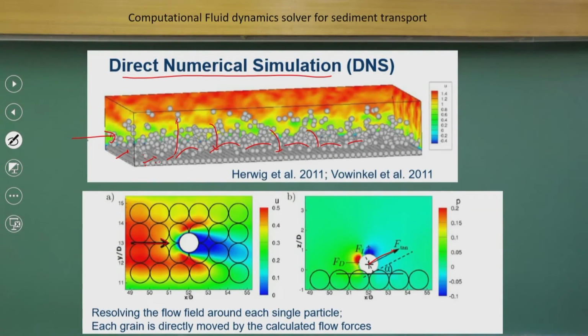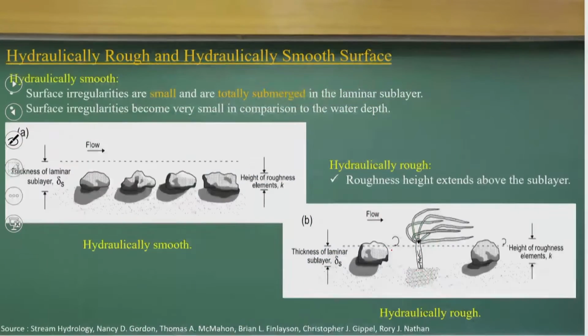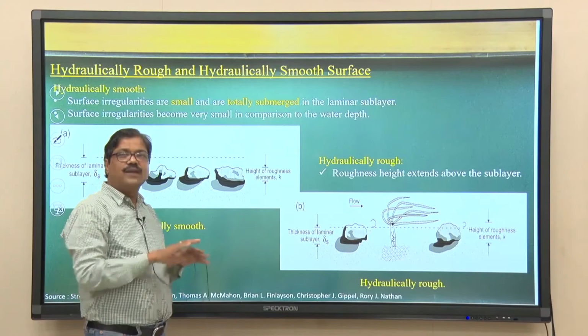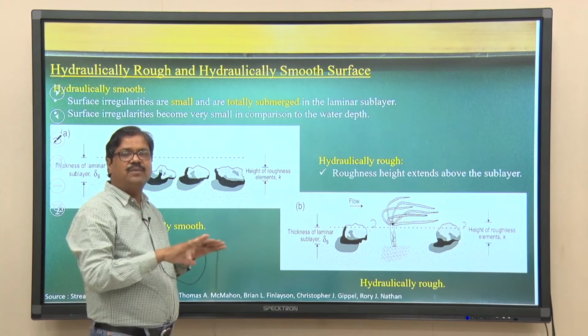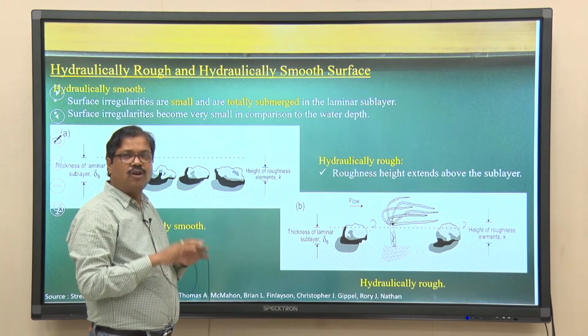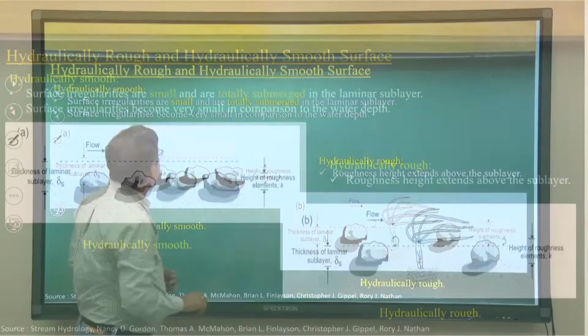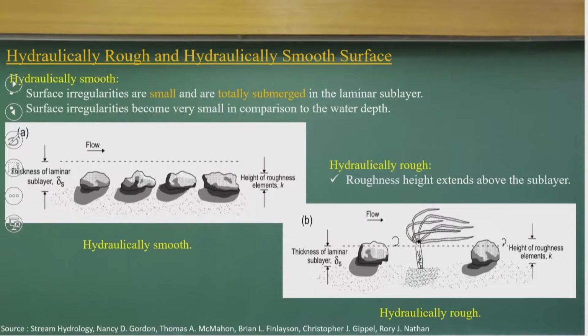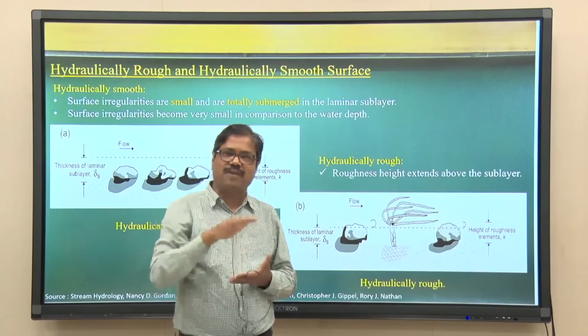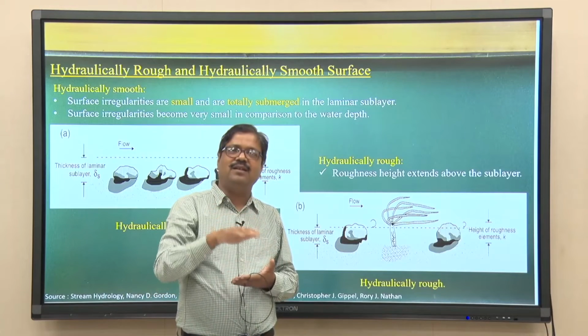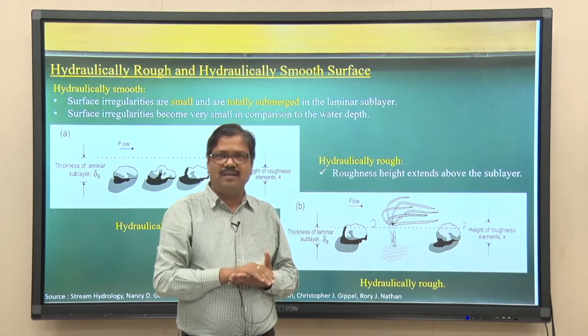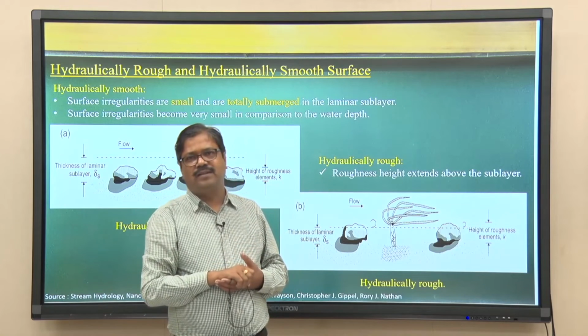Looking at that, the first part is what type of near-bed boundary conditions we have. We talk about the hydraulically smooth case, because when a flow passes through a surface, you will have a laminar sublayer, a transition layer, and the turbulent boundary layer.